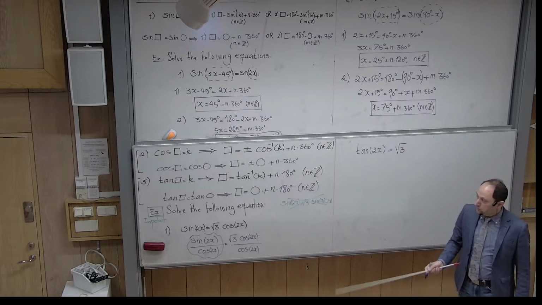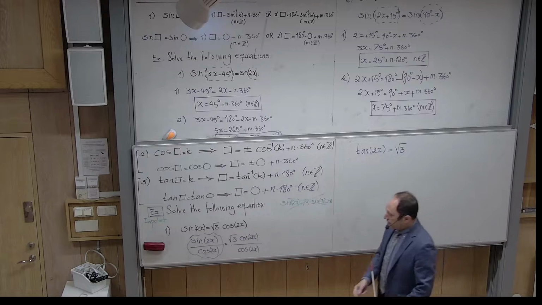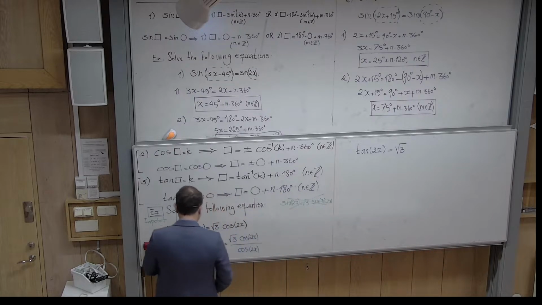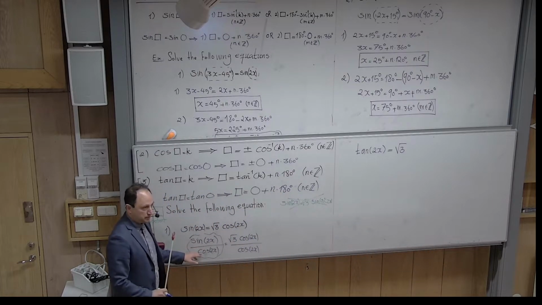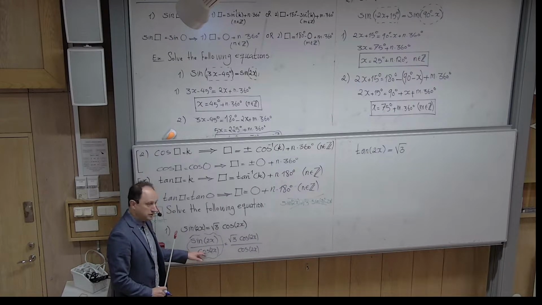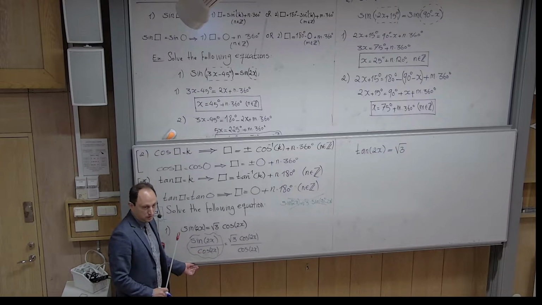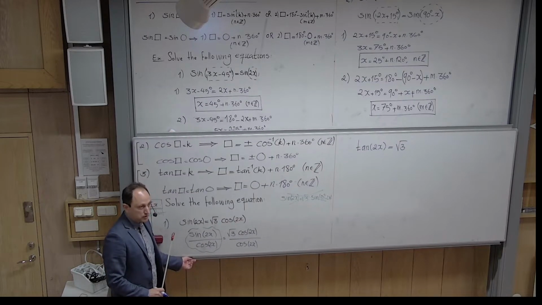But I have to be careful when I want to divide by something. I can only divide if I am certain that that number is not 0. But do I know for sure that this number is not 0?